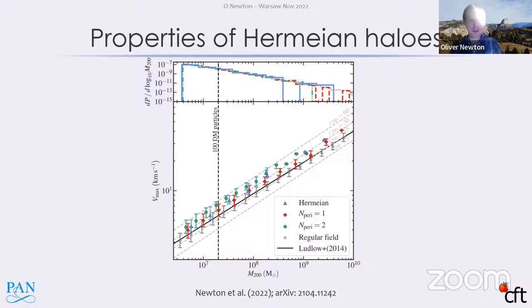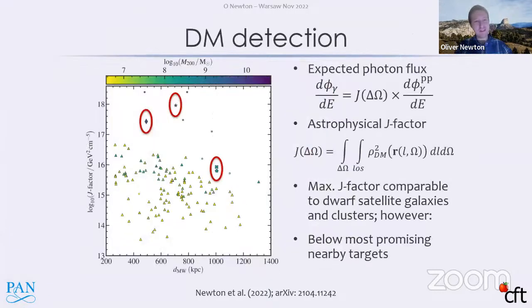So this is interesting because we can potentially use more concentrated halos as useful targets to detect any signals of dark matter annihilation. And so this is where we start to get into some more scientifically useful properties of these objects.